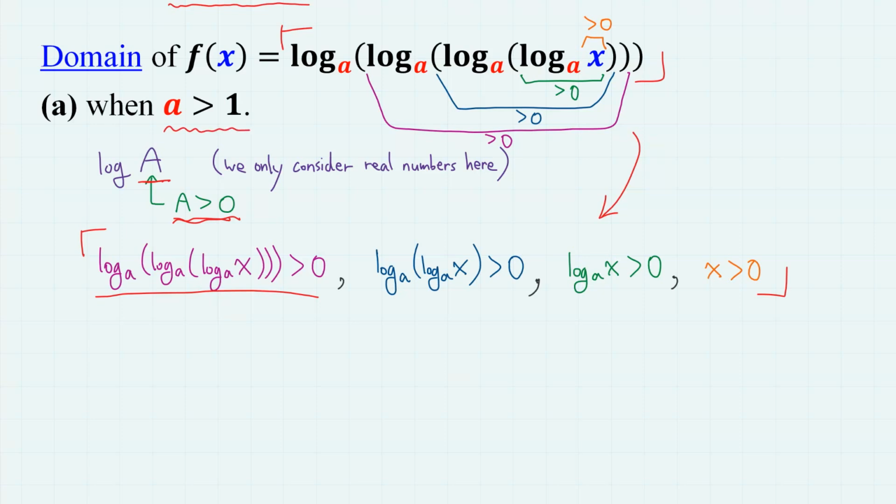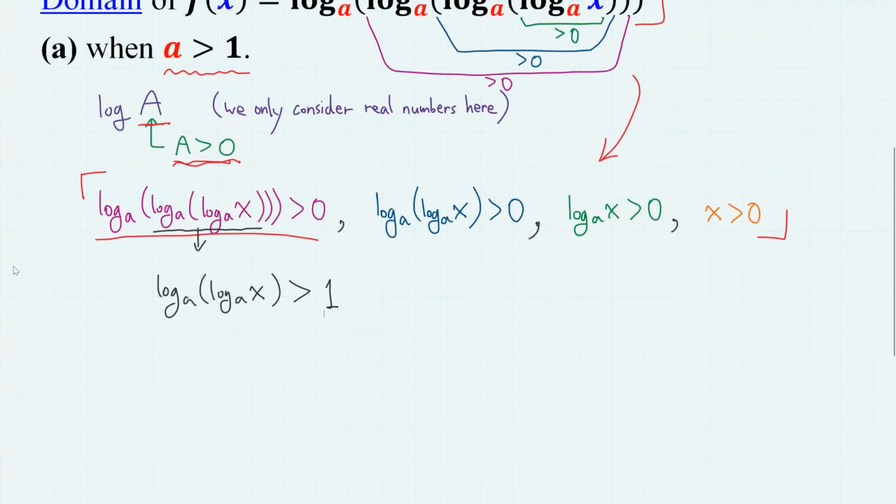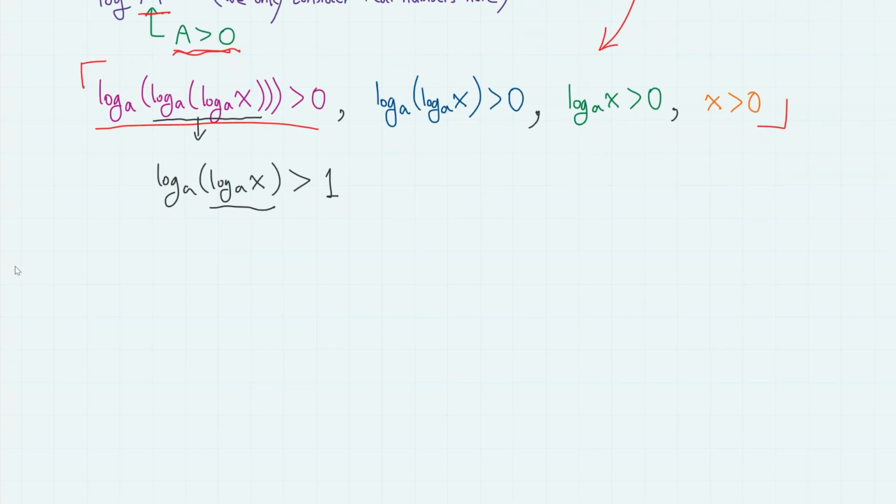Because a is greater than 1, this inequality means that this part, log base a of log base a of x, is greater than 1. And this again means that this part, log base a of x, is greater than a, which again gives x is greater than a to the power of a. So this is the domain for the first case.